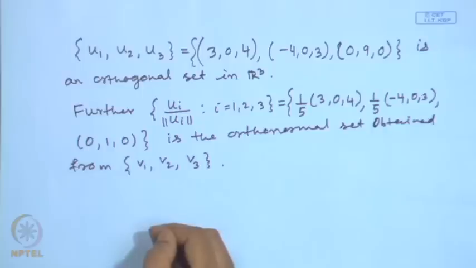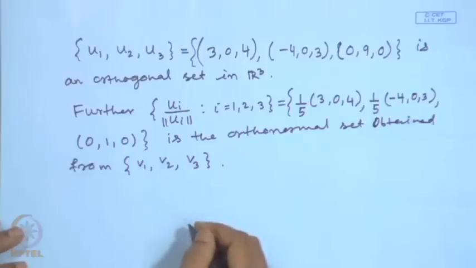So, this is how one can apply the Gram-Schmidt orthogonalization process and get a set of orthogonal vectors, and further get a set of orthonormal vectors from the given set of linearly independent vectors.